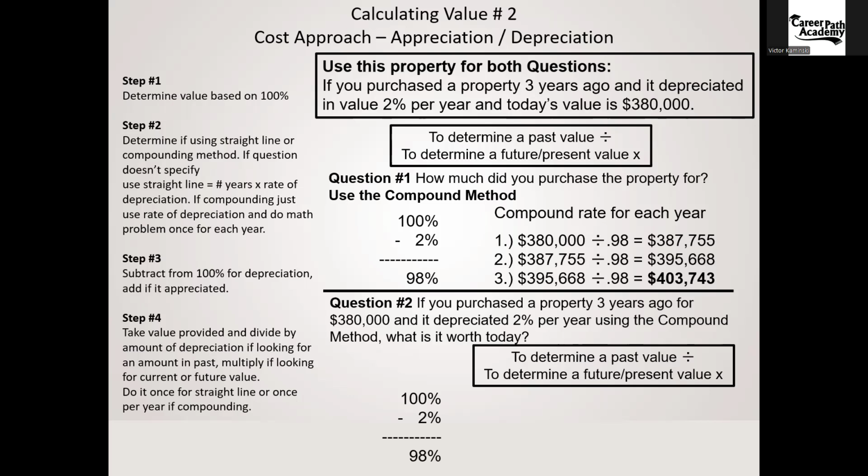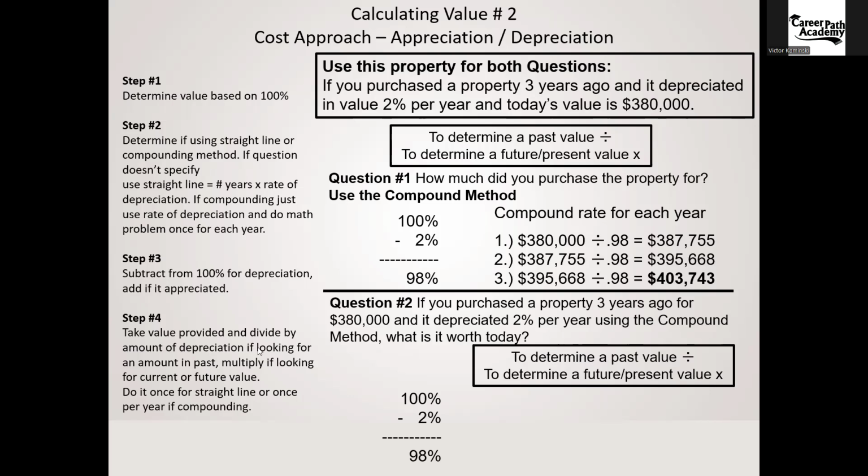You're right, but why? To determine the future and present value of the property? Correct. I'm not giving you trick questions. I want to make sure that you guys know why you're doing what you're doing. Yeah, correct. So what do we do now to figure out this answer?